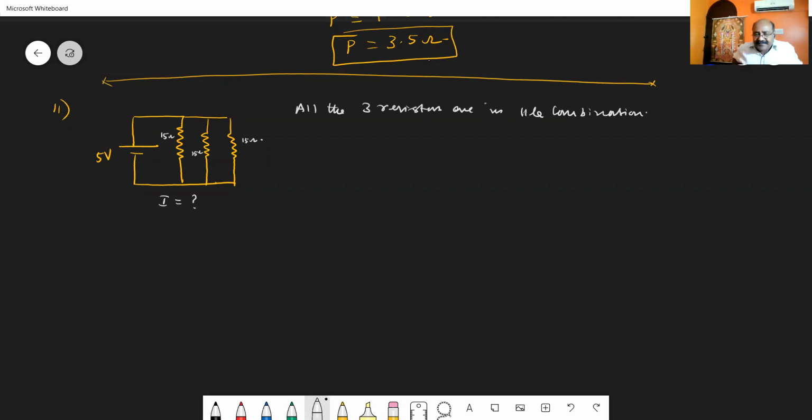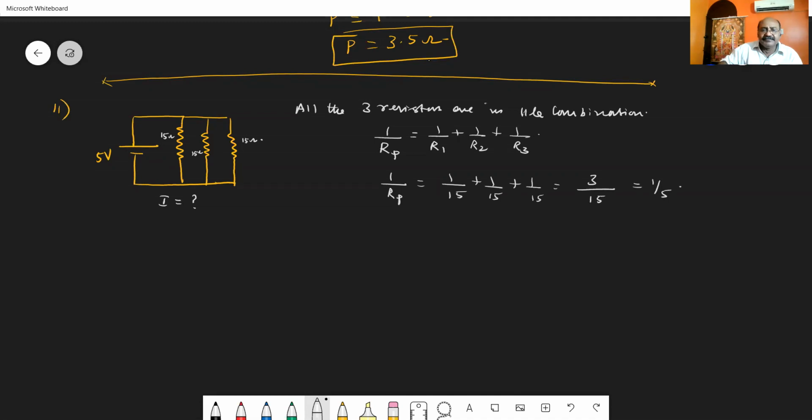Since all the 3 resistors are in parallel, you calculate the effective resistance. 1 divided by Rp equals 1 divided by R1 plus 1 divided by R2 plus 1 divided by R3. So 1 by Rp equals 1 by 15 plus 1 by 15 plus 1 by 15, which is 3 by 15, or 1 by 5. Taking the reciprocal, Rp is equal to 5 ohm.